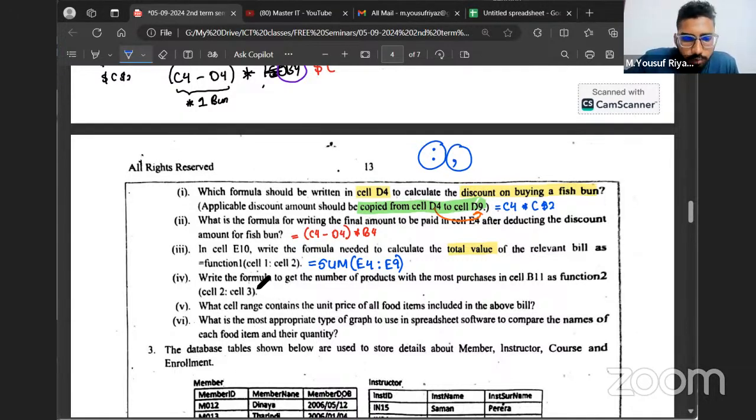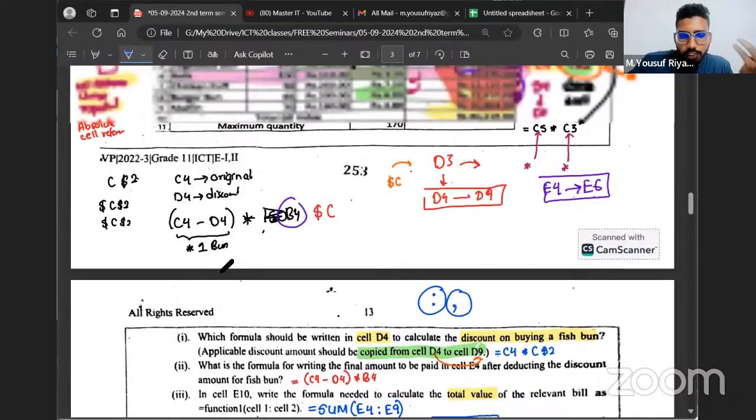Next, write the formula to get the number of products with the most purchase in cell B11 as function 2 to cell 3. So, okay. Now they want you to find the number of products with the most purchase. Now, when they say most purchase, they want out of all the products, they want to find the product that has had the highest amount of sales, right?